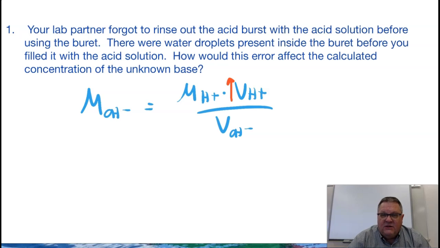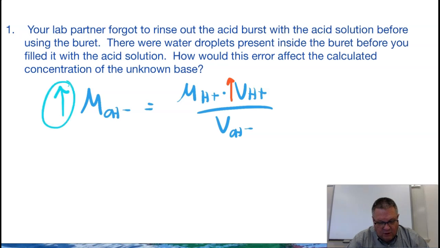Okay? And since the volume of H plus is in the numerator, what's going to happen is your calculated MOH minus will also calculate out too high. So the logic, once again: because you diluted the acid solution with those water droplets, you had to use more of the dilute acid.